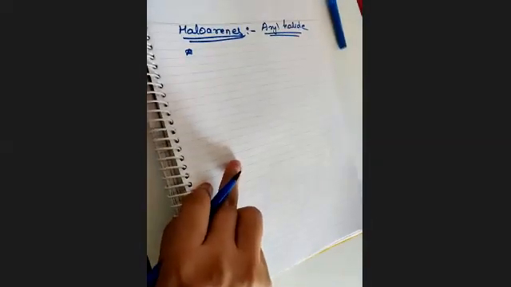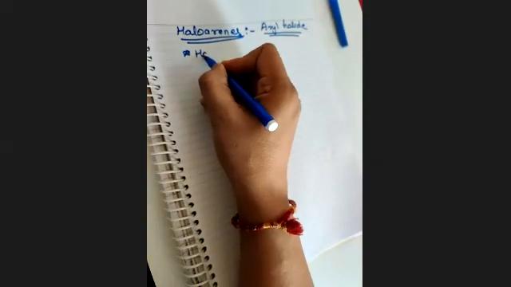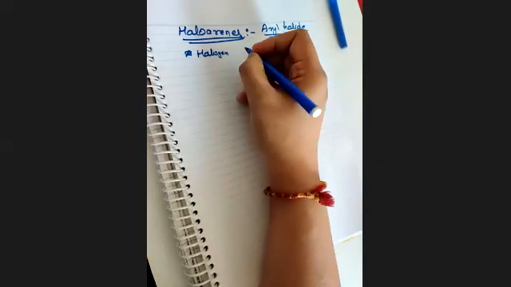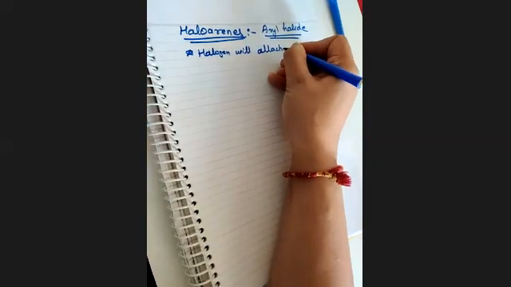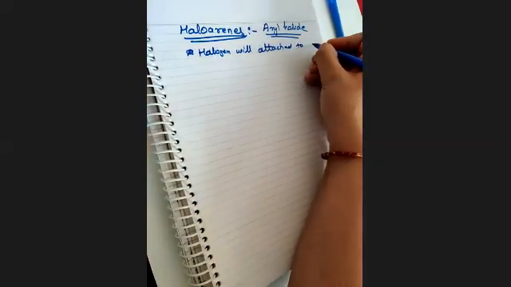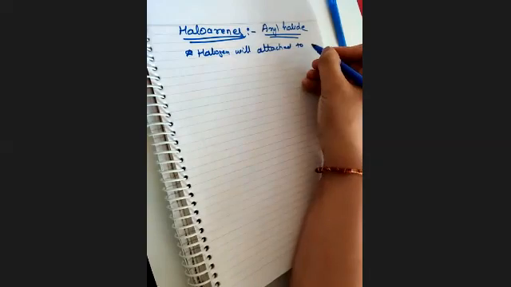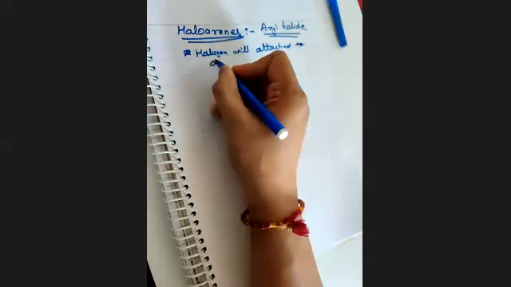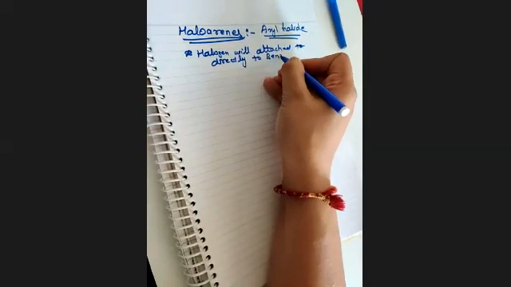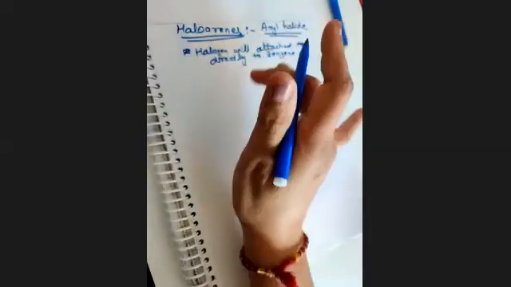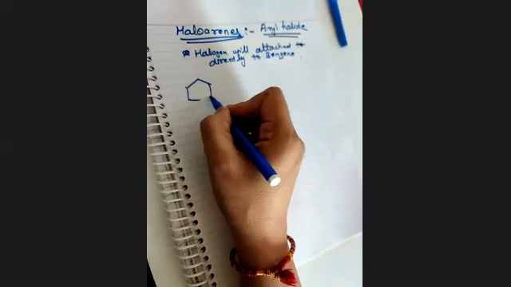But in haloarenes, there is a difference. Your halogen is attached directly to benzene. Got it? Let me tell you examples.